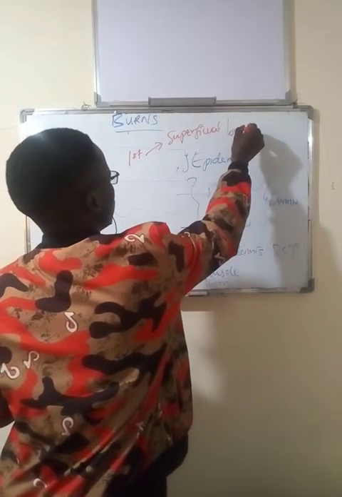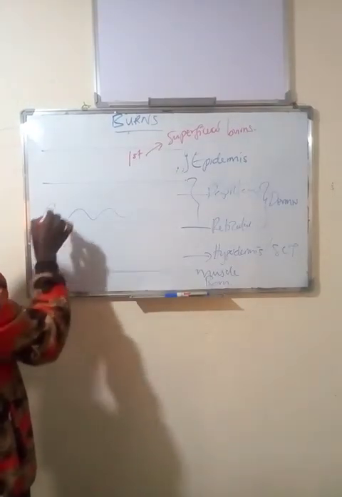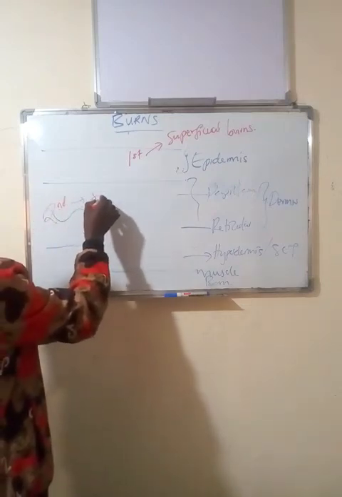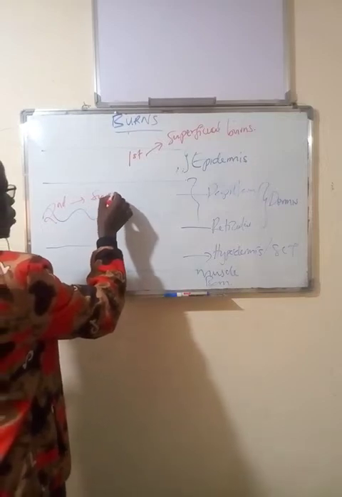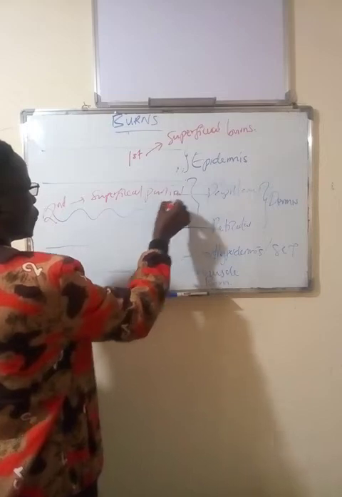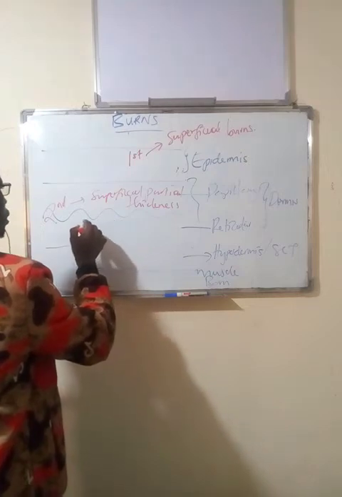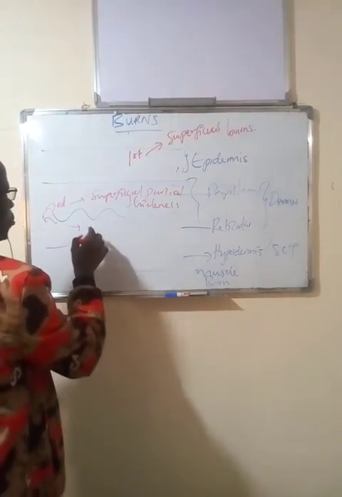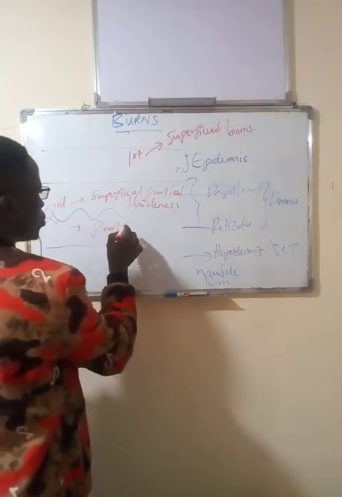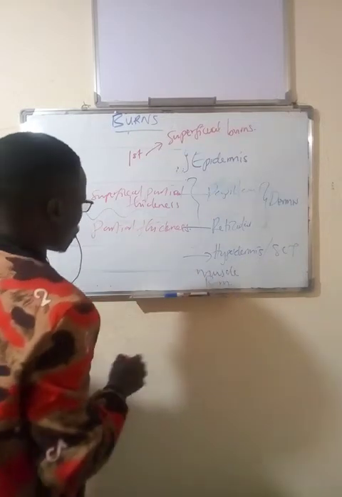And then up to the dermis, we have what is called the second degree burns, where we can have superficial partial thickness, and if it is also involving the reticular dermis, it is called the partial thickness burns.